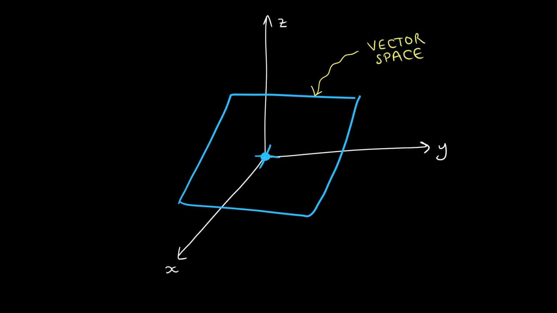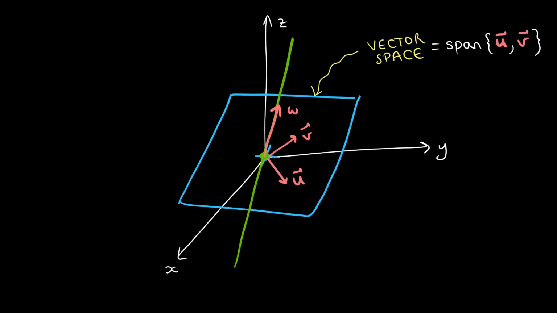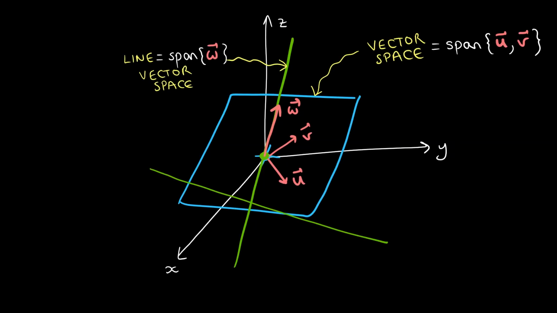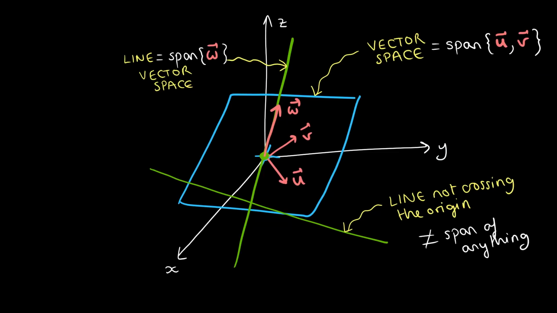The set of vectors in the plane follow all of the axioms. Such a space can be written as the span of u and v, where u and v are two vectors in the plane. In fact, that is the key. Whenever we can write a geometrical entity as the span of a set of vectors, then the space can be considered a vector space. A line or plane that crosses the origin can be written using span of vectors, while a line or plane which does not cross the origin cannot be written as the span of any vectors, and they are not vector spaces.